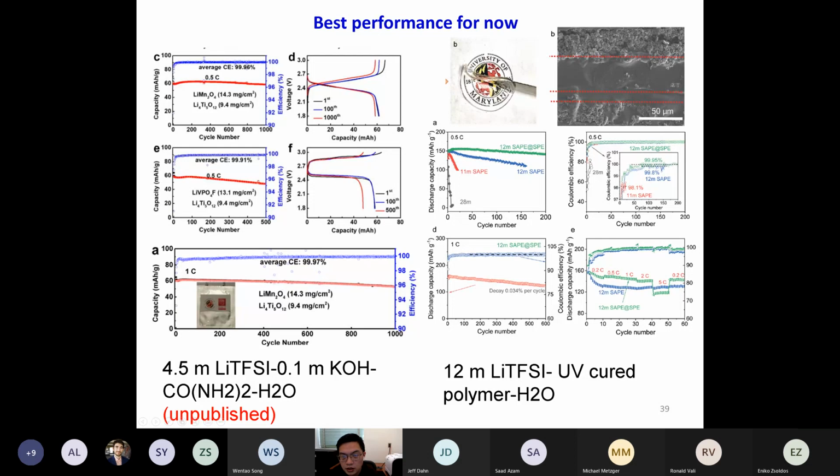And the cool thing is it won't lose any water if you expose it to the air, so you won't have this kind of problem found in other aqueous-based gel electrolytes. So with this electrolyte, we can get similarly very good cycling performance, and even build a flexible aqueous battery working in open air.